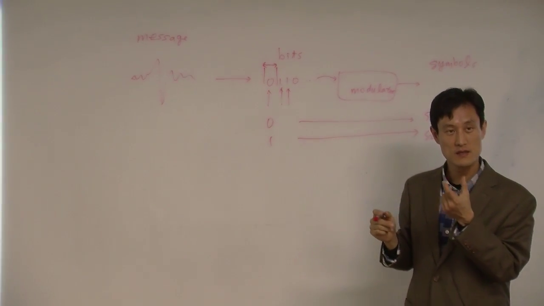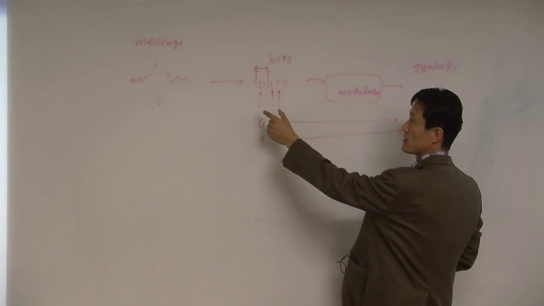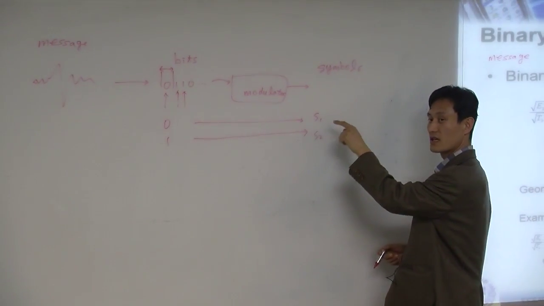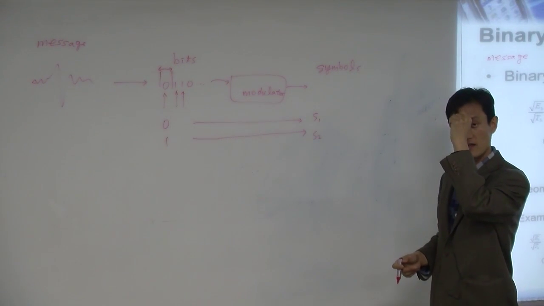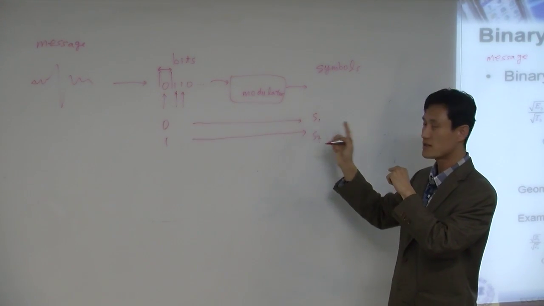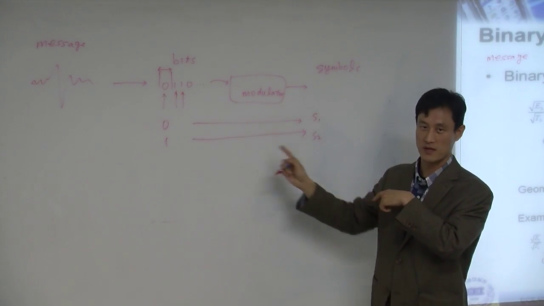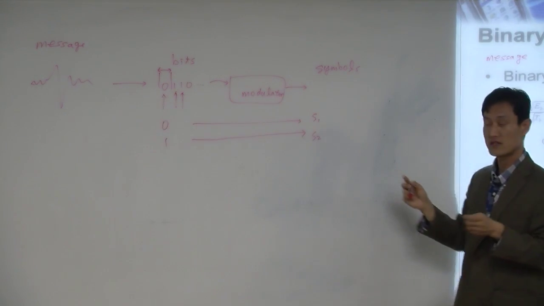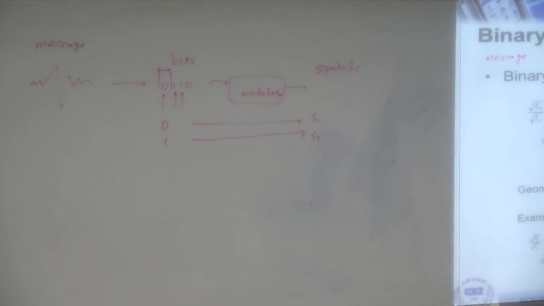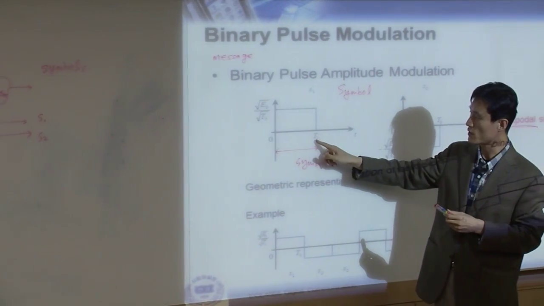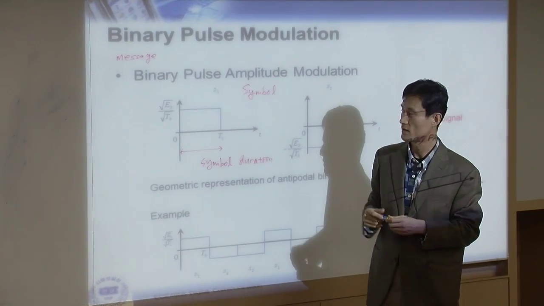TB, bit duration. But this bit duration is the same as the symbol duration, in this binary case. One bit is mapped to one symbol. So it's like a one-to-one mapping. Therefore the bit duration and symbol duration are the same. That's why we call it TB. B means bit.